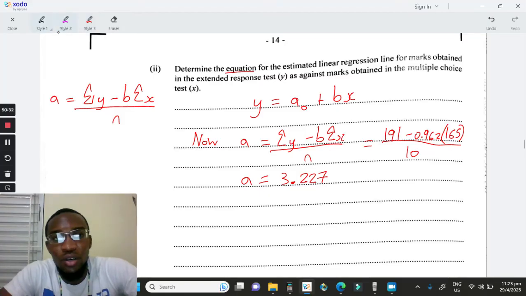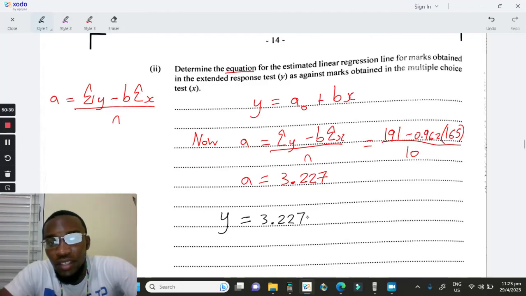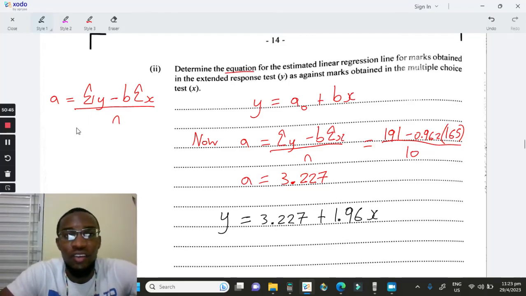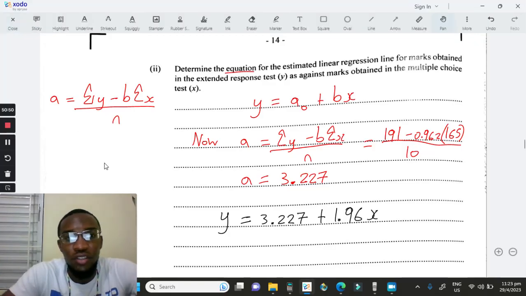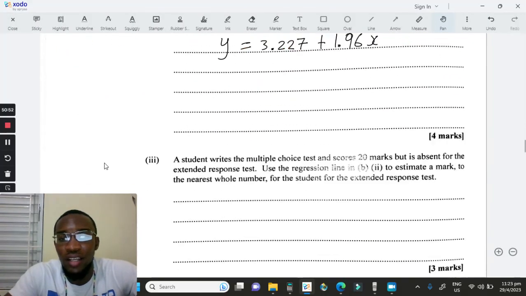So now we can go ahead and say y is equal to 3.227 plus 0.962x. And that is our regression equation. That's our linear regression equation. Fairly straightforward, easy. 4 marks for that.